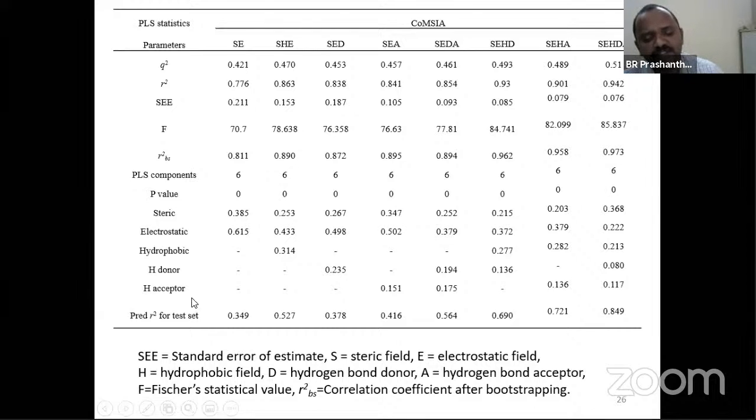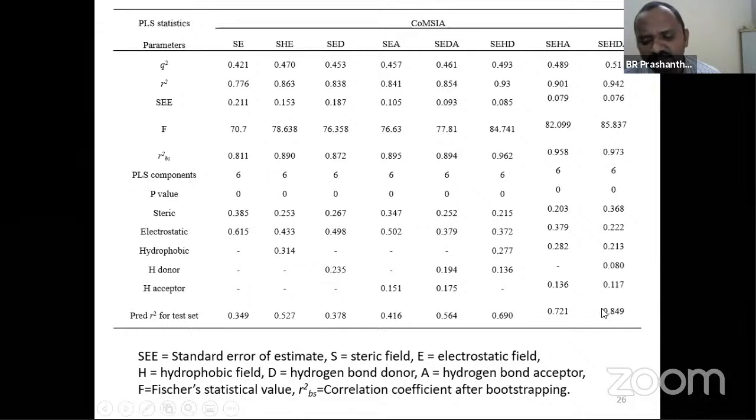Okay, that means if you have, say, 5 compounds, in this case 11 compounds are in the test set, if you predict their activity and plot it as a regression line, and find out the correlation coefficient of the predicted and the actual, that is the predictive R square for that test set. So you can see that it is better for this model as such.